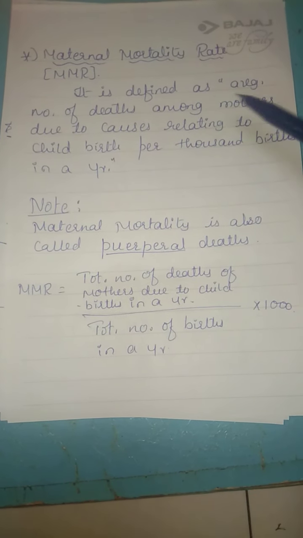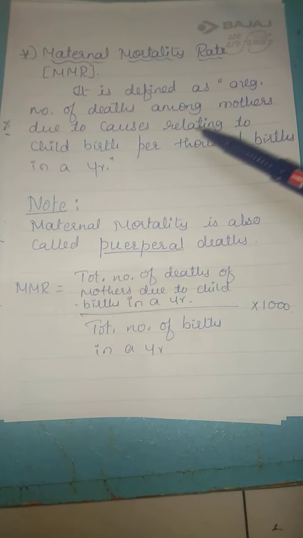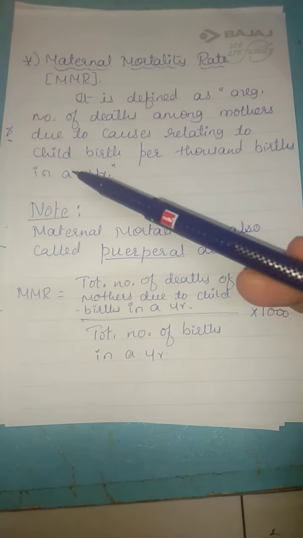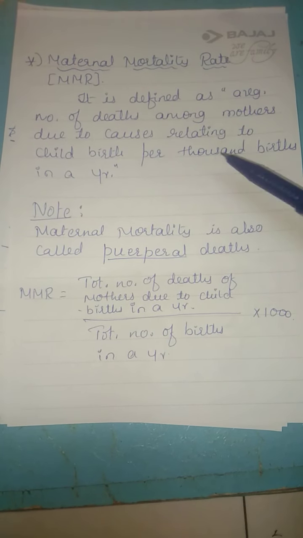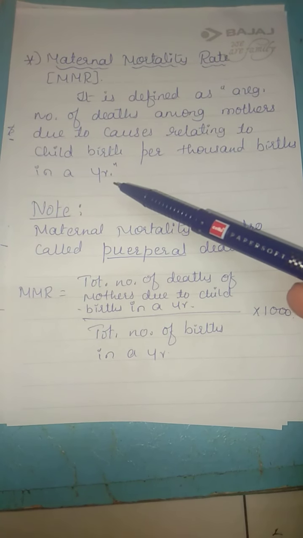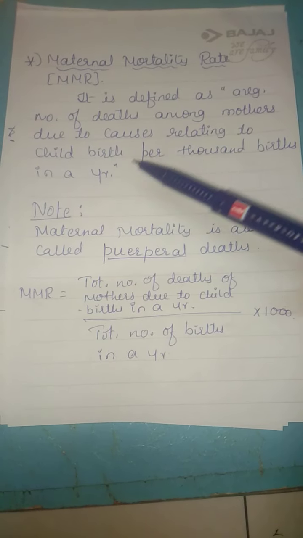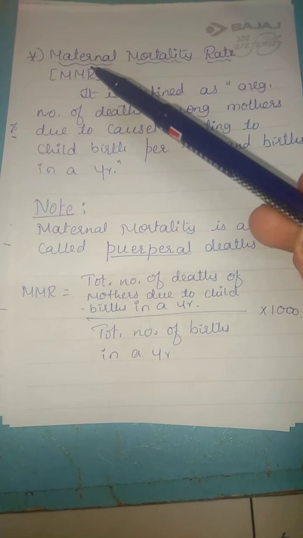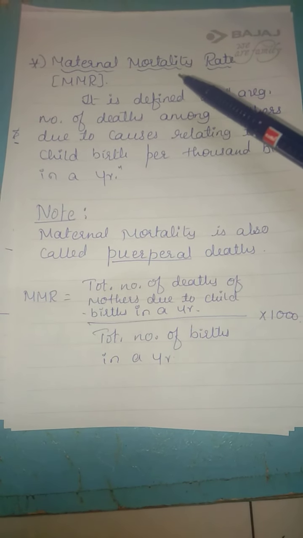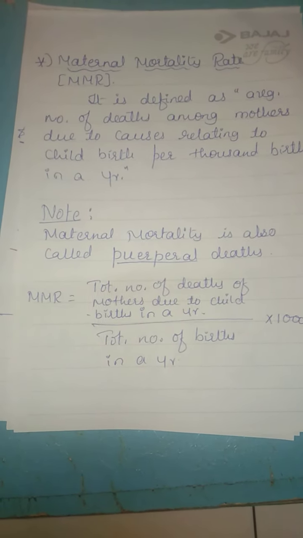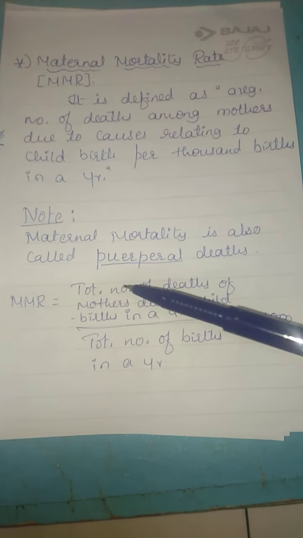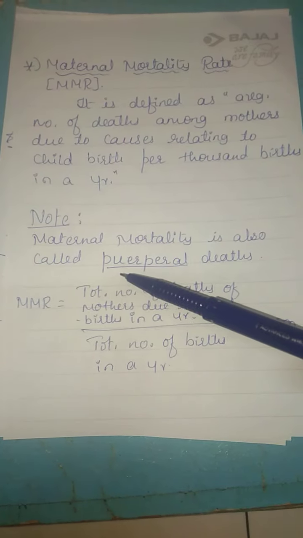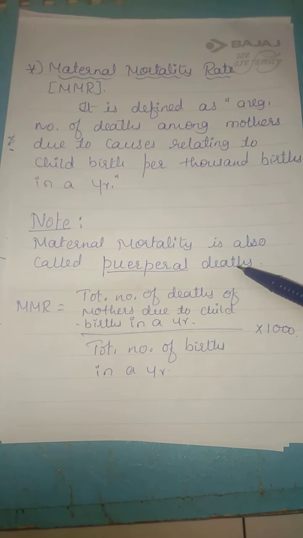It is defined as the average number of deaths among mothers due to causes relating to childbirth per 1000 births in a year. If a mother dies while giving birth to a child, that is called maternal mortality. And here is a note: this maternal mortality rate is also called puerperal deaths.